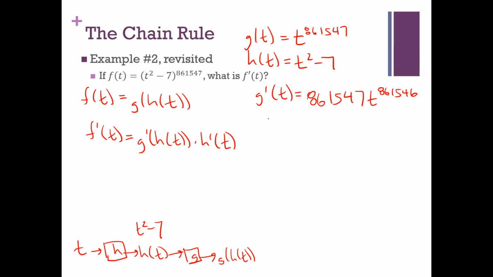So that's that derivative. What's h prime of t? 2t. So then from here I can kind of finish this. So g prime is as we've written it there, right? If that's what g prime is, then what is g prime of h of t?